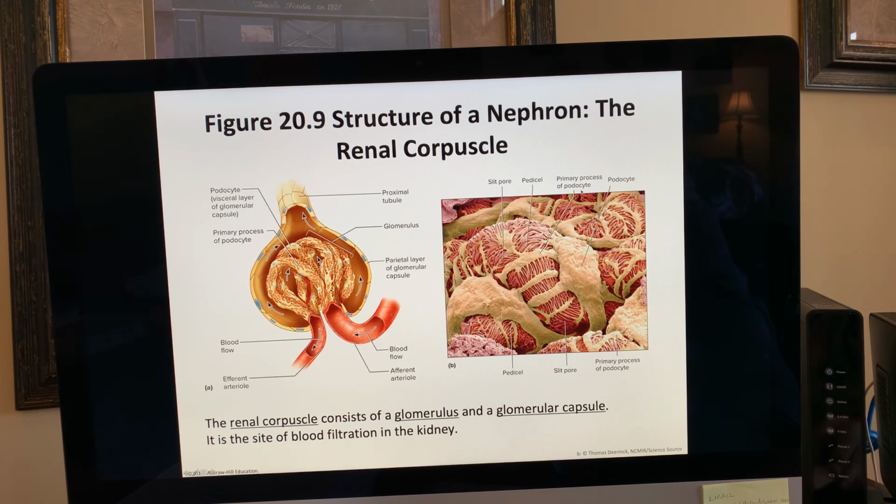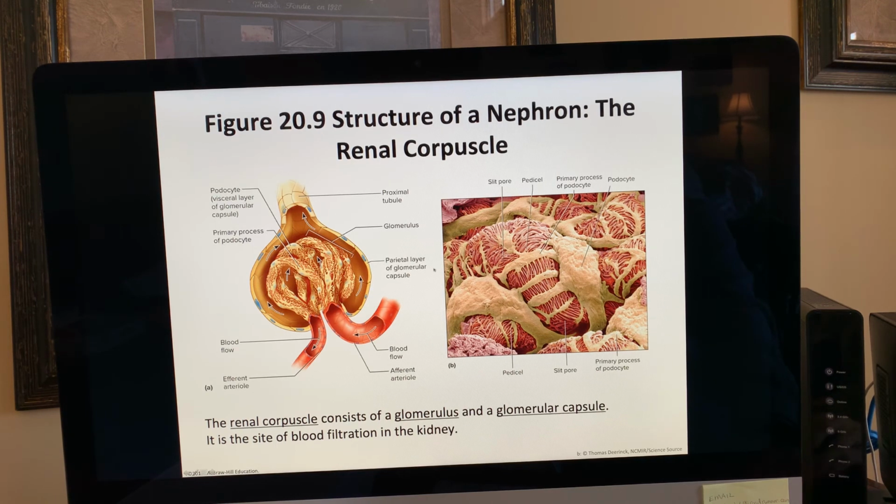Podocytes are the cells, as seen here, that basically surround or cover the glomerular capillaries within the Bowman's capsule. So Bowman's capsule consists of two layers, a parietal layer on the outside and a visceral layer of podocytes on the inside.